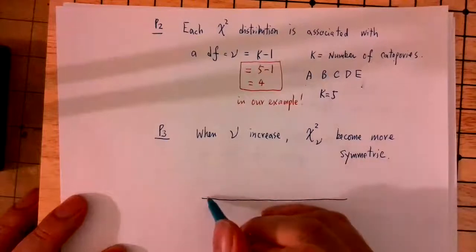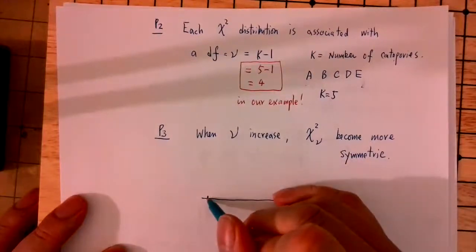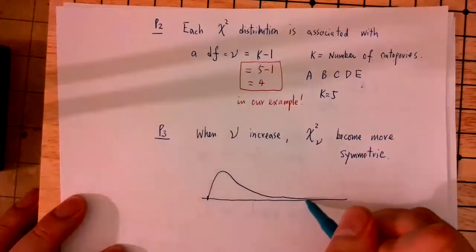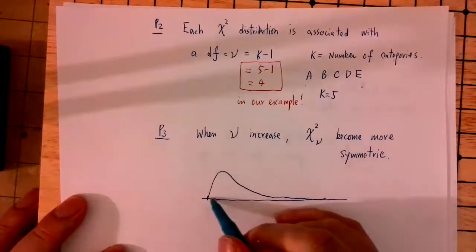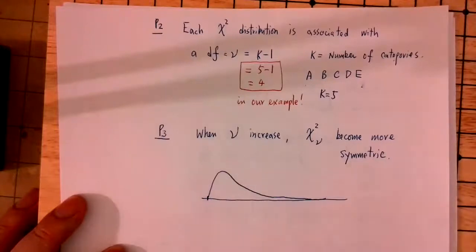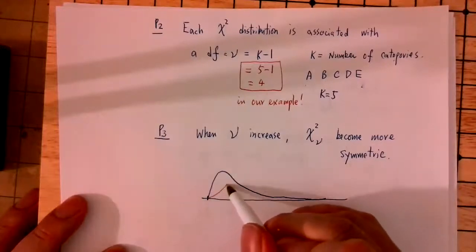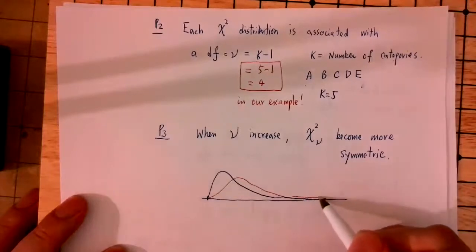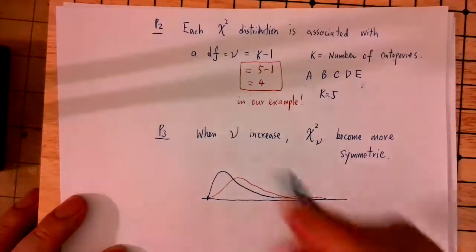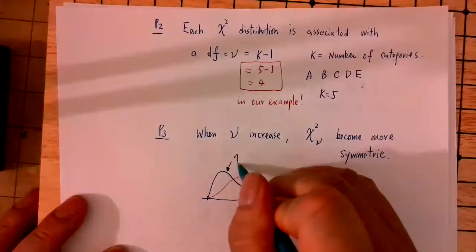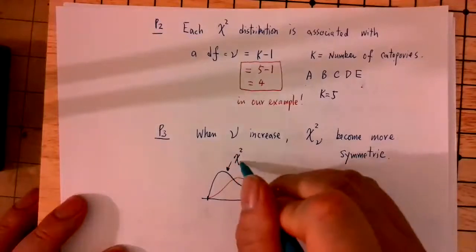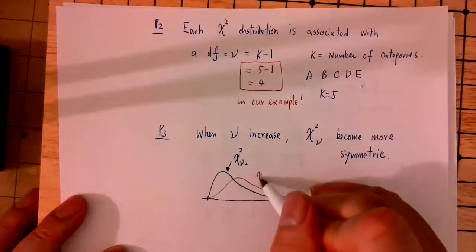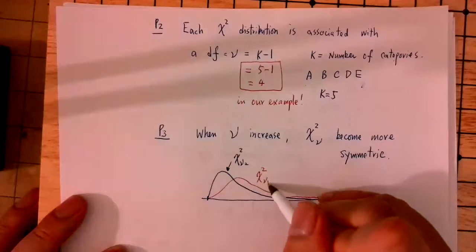Suppose I give you two chi-square curves. The blue one is chi-square with nu 2. The red one is chi-square with nu 1.